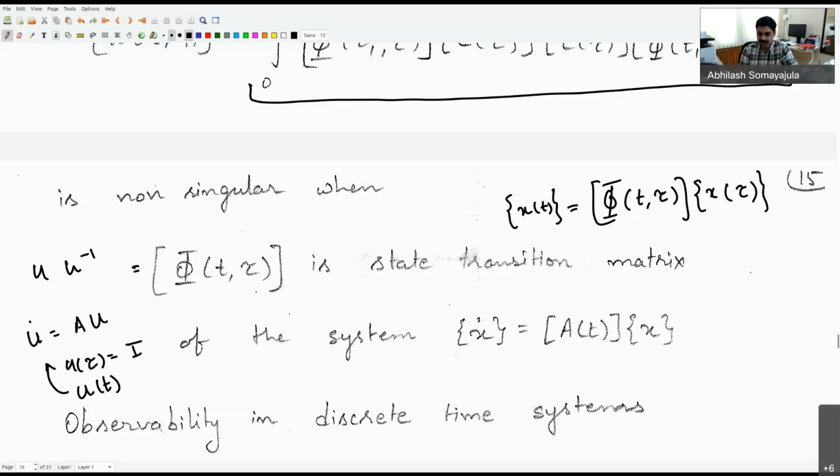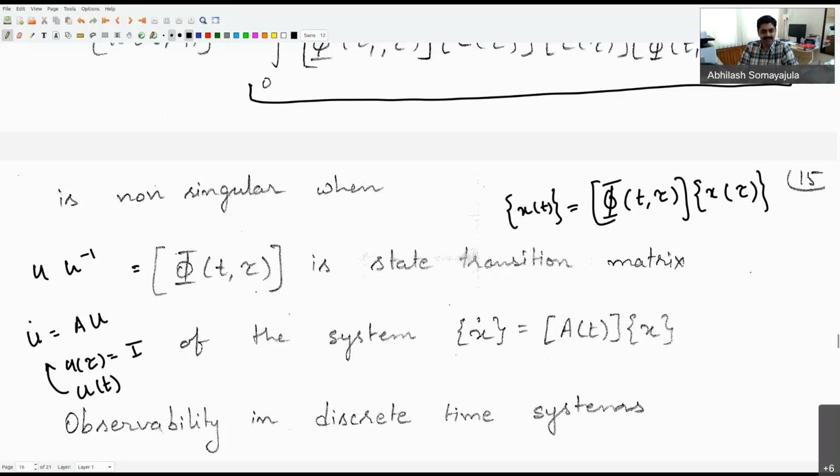Now, I'm not going to go into the details of all of this because for most of our applications, we will not be looking at so many time varying problems. We'll mostly be interested in time invariant problems. But for the sake of completeness, I'm mentioning this. You can take a look at it at a later point of time if you are more interested in it.